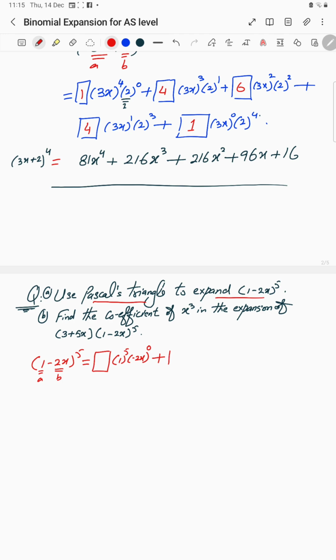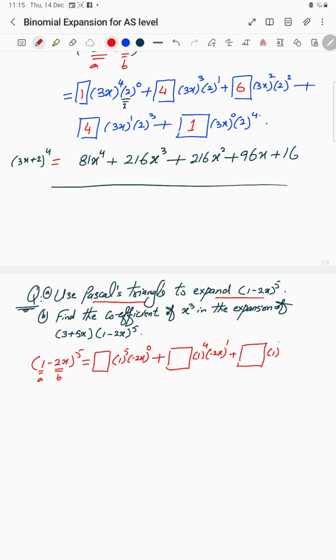plus again the coefficient we need to write from the Pascal triangle. The successively A power will decrease from 5, it will be 4, and B power will successively increase by 1 as the rule described before.